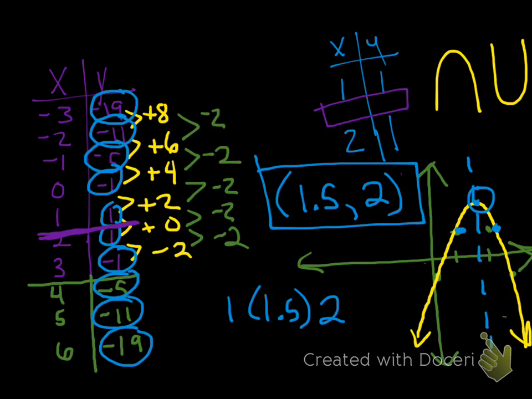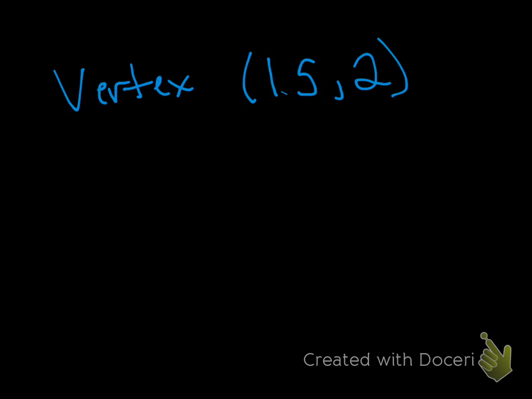And then just to review, if our vertex is 1.5 and 2, we know that the axis of symmetry is x equals 1.5.